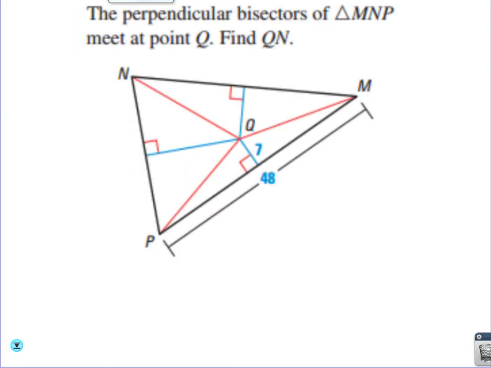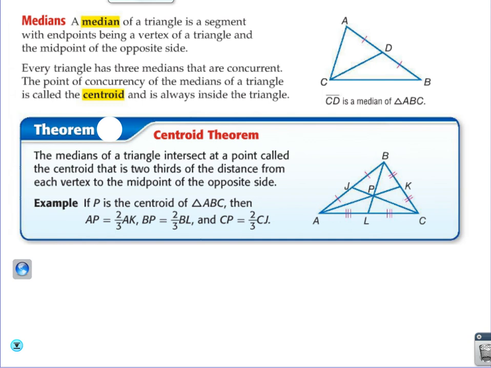I want to show you how to do centroids, and then we'll stop for the day. Last one. Before we do centroids, we need to explain what a median is. A median of a triangle. This is a new definition.